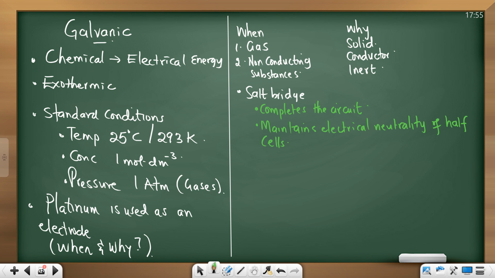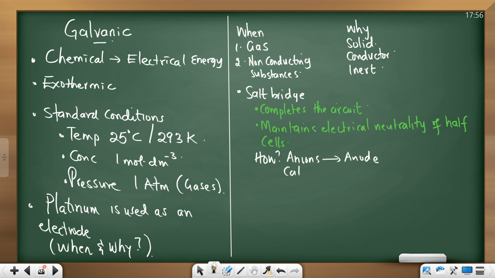Completes the circuit and maintains electrical neutrality of the half cells. Question is, how? The anions will move to the anode. We spoke about this.